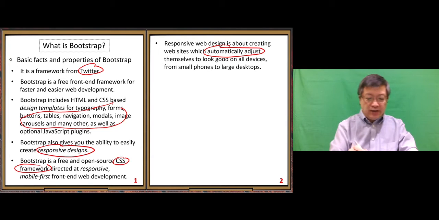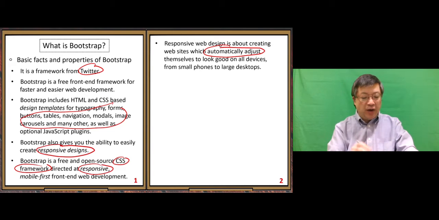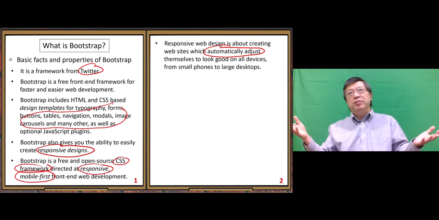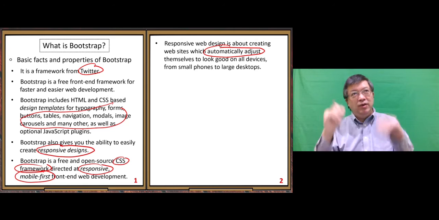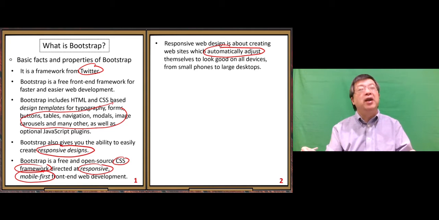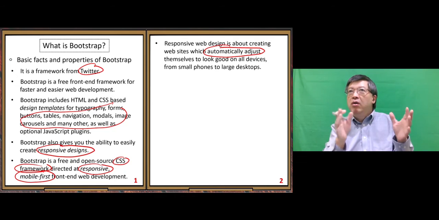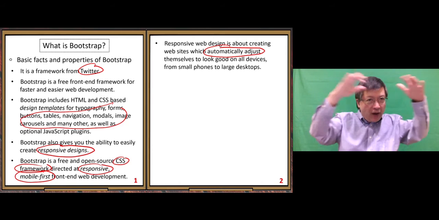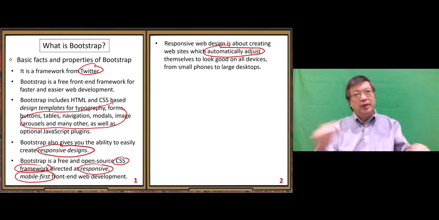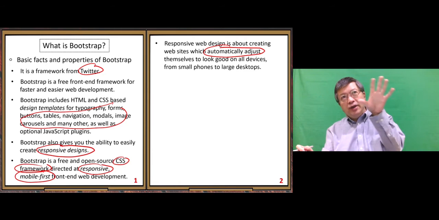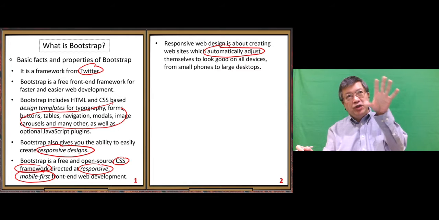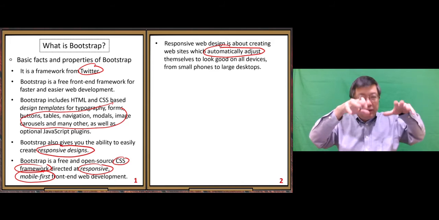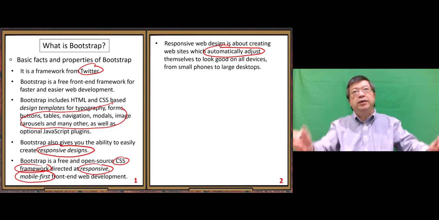After we have responsive, then mobile first. Twitter is mainly used on mobile devices, right? So mobile first: in their internal feature support, they make the mobile device the highest priority.